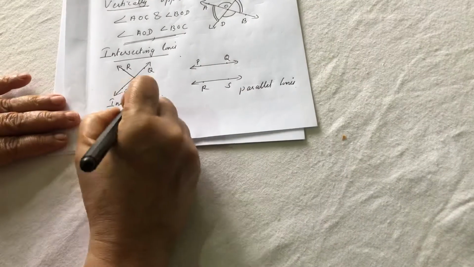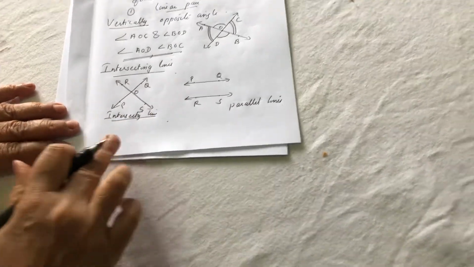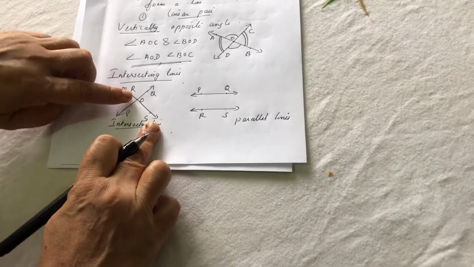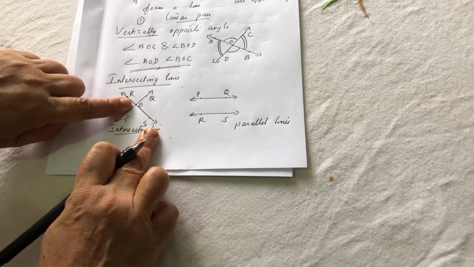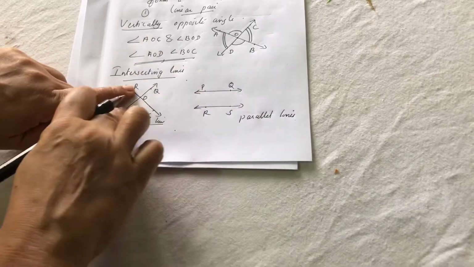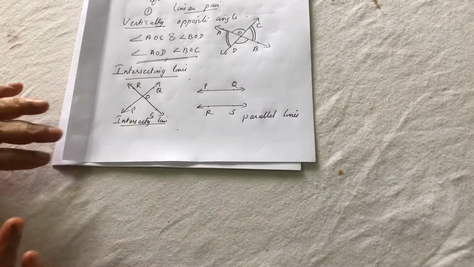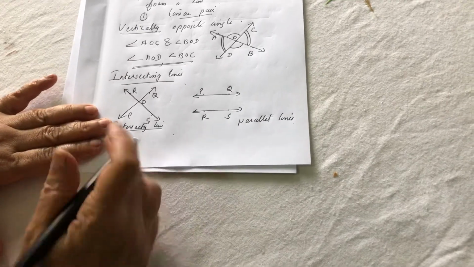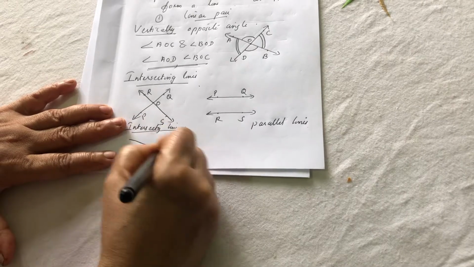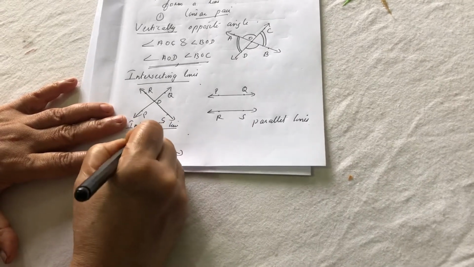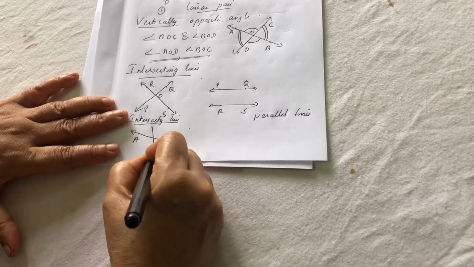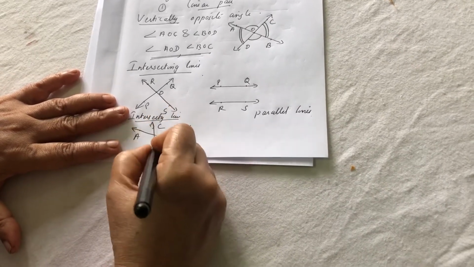So what do you mean by intersecting lines? Two lines are said to be intersecting if a point can be found through which the two lines pass. Suppose I draw another two lines, AB and line CD.